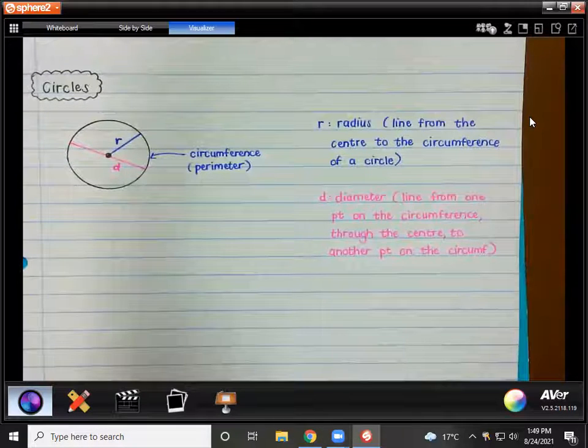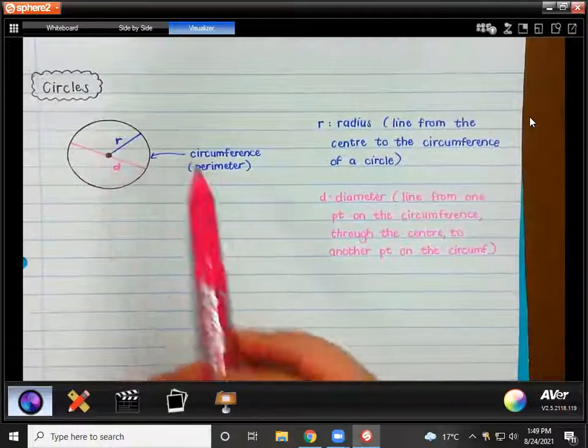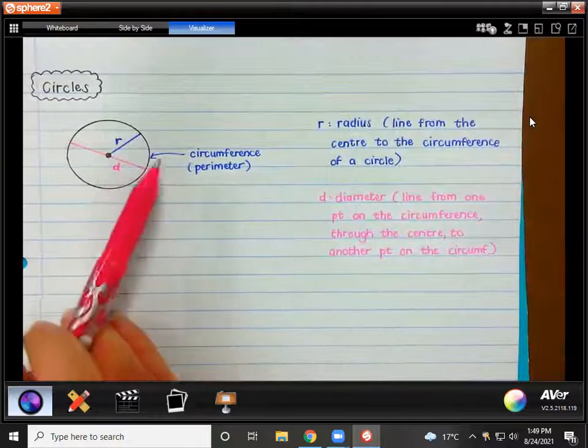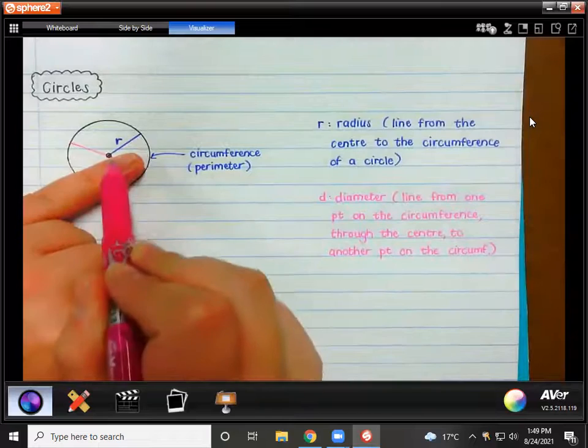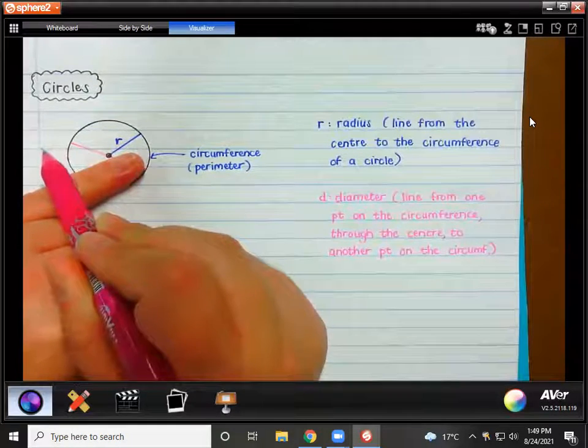Something that's interesting about the diameter and the radius is that the actual length of the radius will always be half the length of the diameter. Do we agree that if I look at just this part of my pink line, that is also a radius? That's also from the center to the circumference.